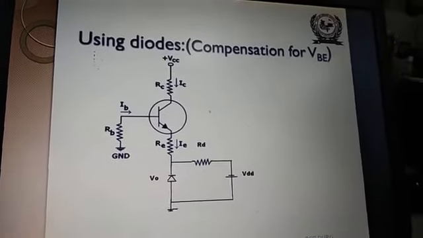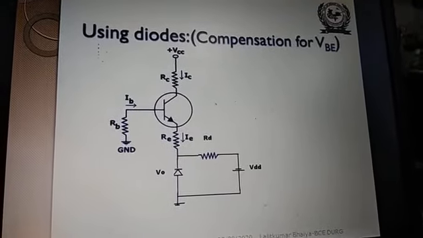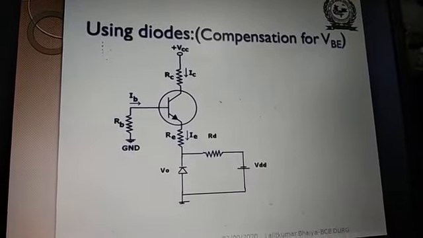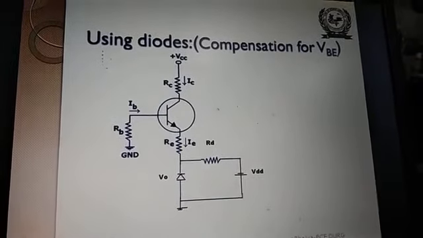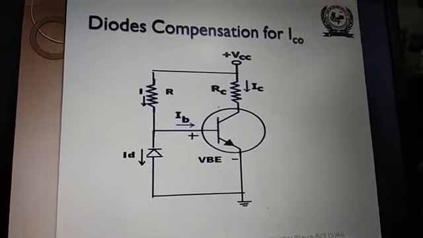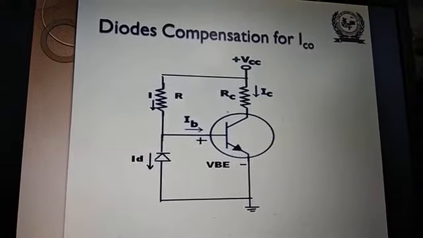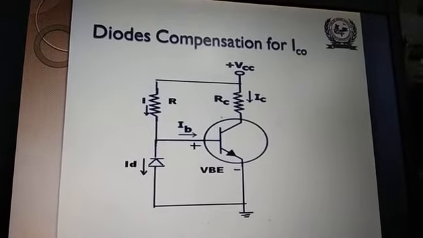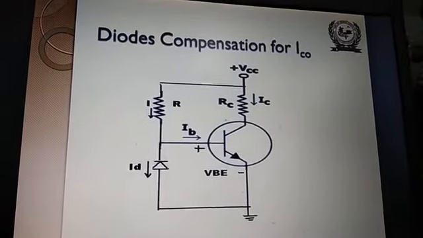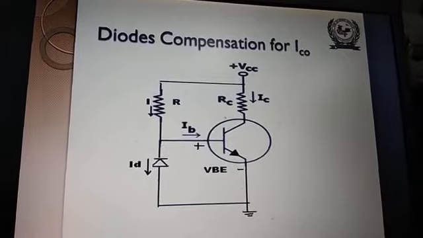But still in this circuit, there is no compensation against temperature. Somehow the temperature effect will be reduced because of the ICO compensation here. This circuit is specially for the compensation for the ICO, by decreasing or cancelling the change in ICO.